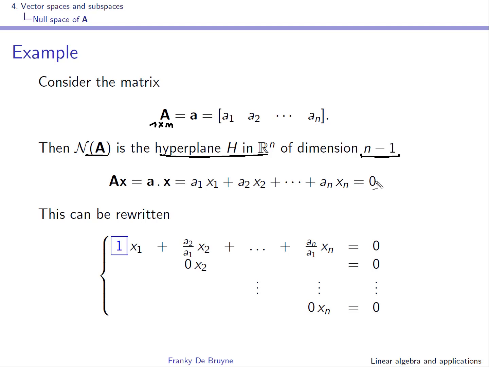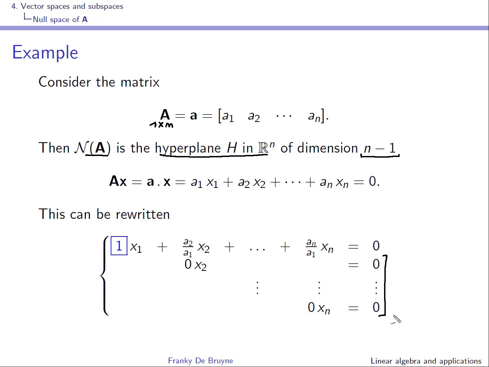This equation, you can rewrite a little bit differently by dividing by a1. Now we assume here that a1 is different from 0, and we can write the other obvious equations that I've written here, below, so that we obtain a system that is in upper triangular form.